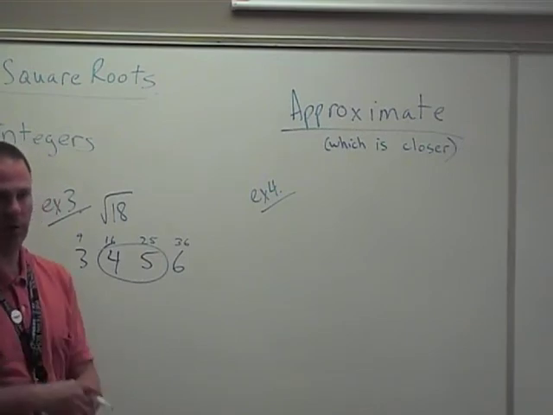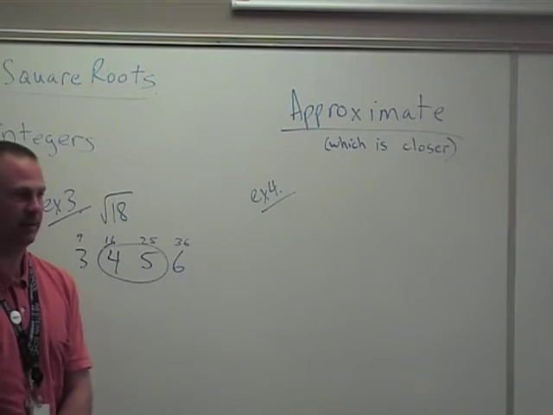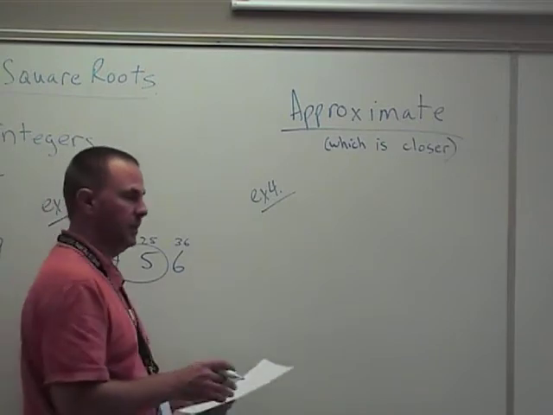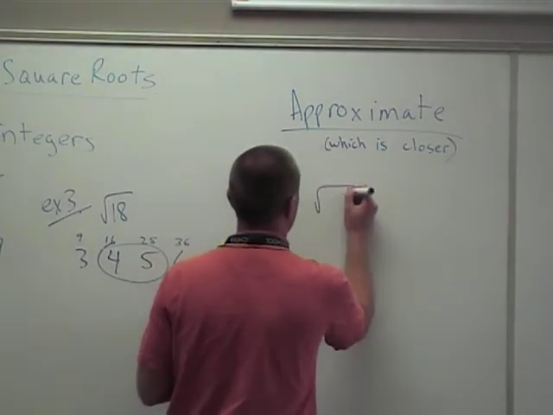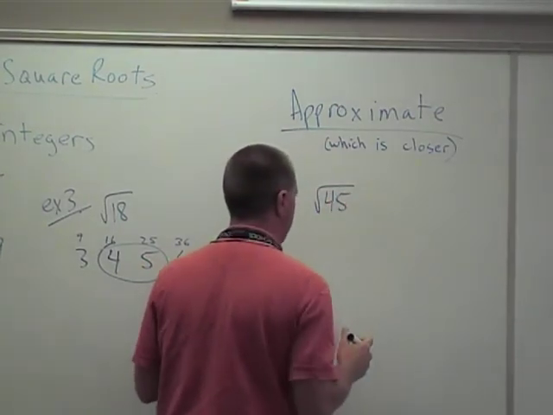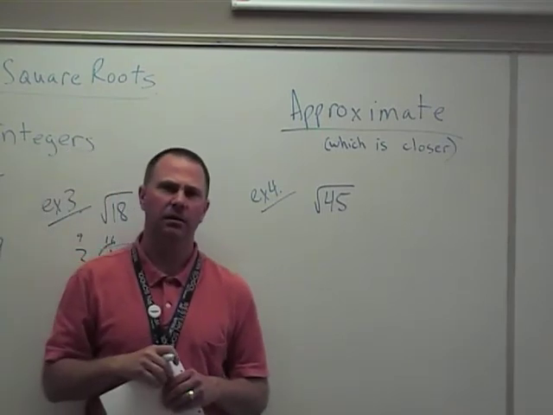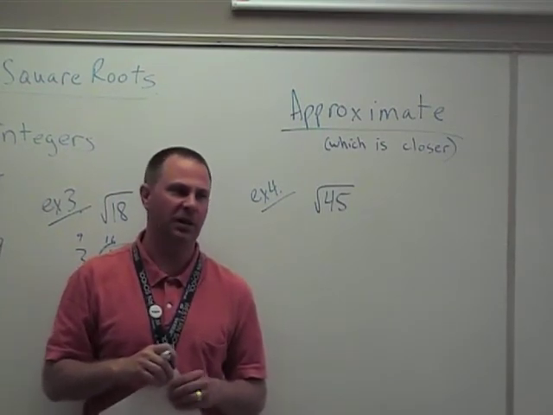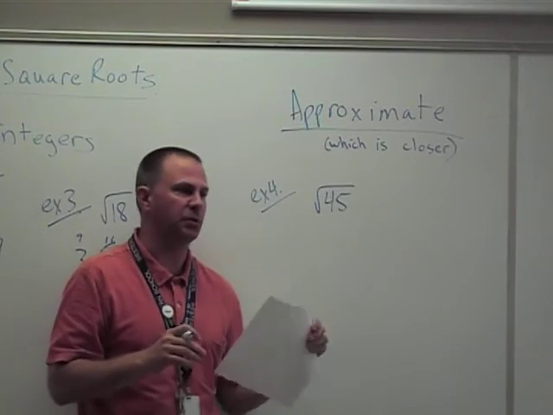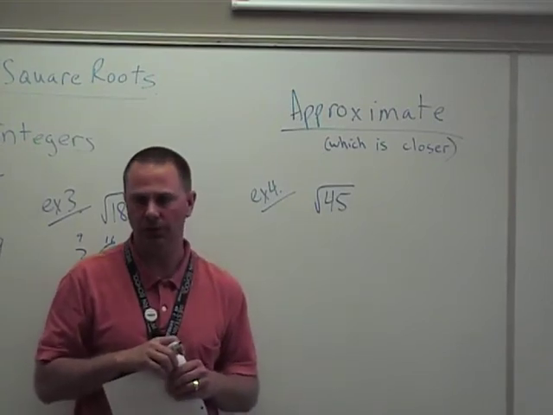So I'm teaching you how to come up with a decent guess at the answer without a calculator. So this is the square root of 45. Now, the first thing you do is you need to identify which two consecutive integers that falls between. That's the first thing you should do.